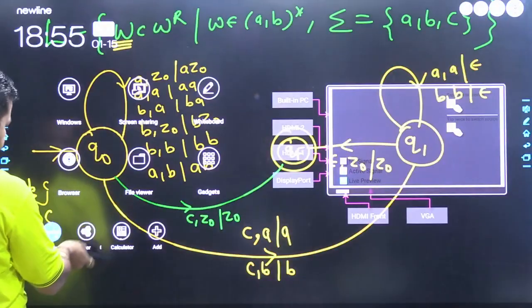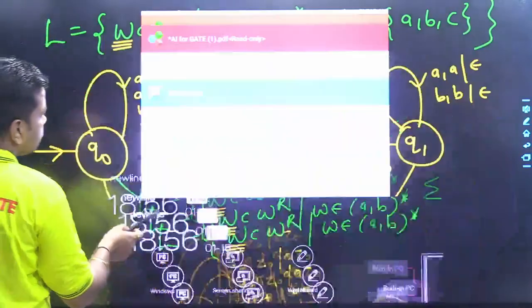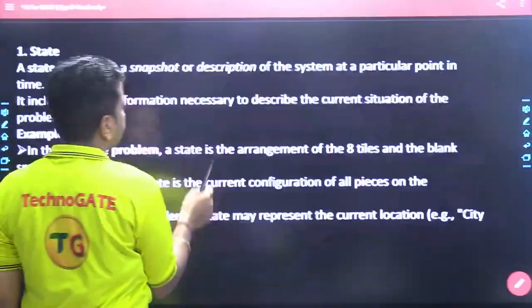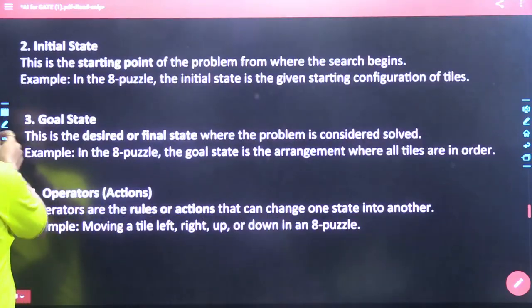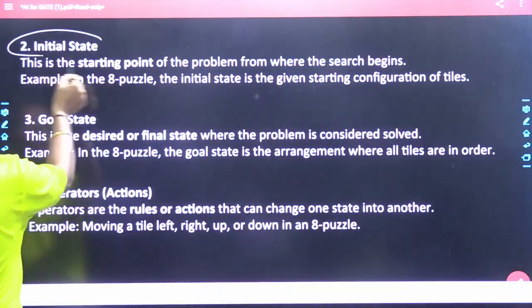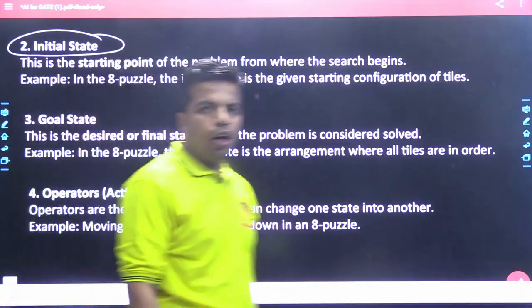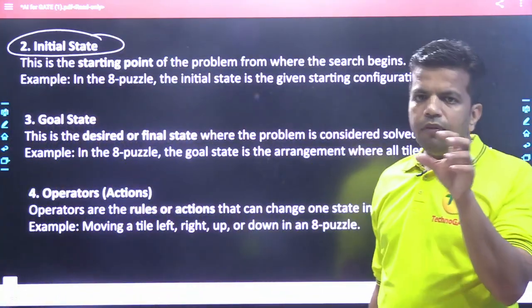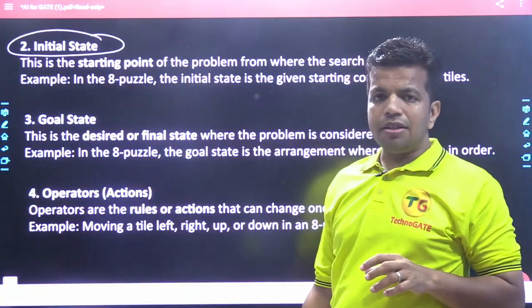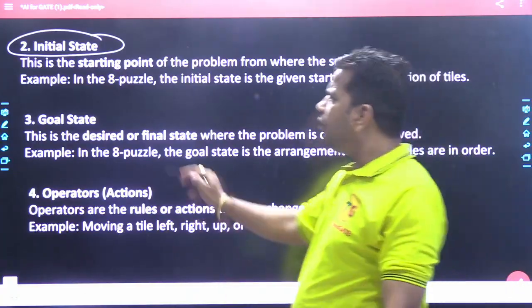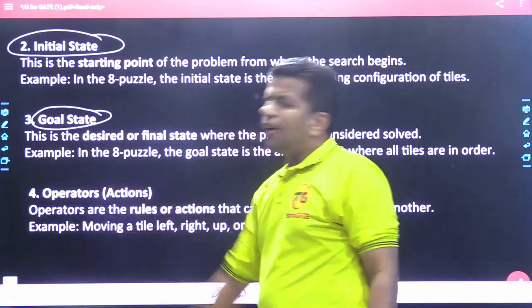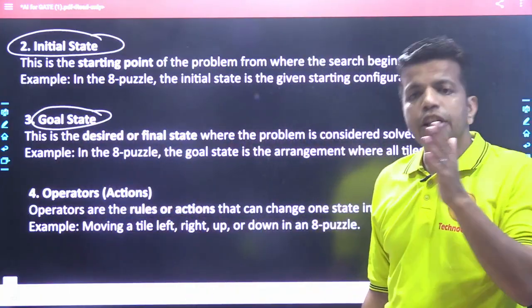Now see, the point that I told you: the initial state is the starting point of a problem, from where we need to start the searching, or start solving the problem. The goal state is the desired or final state where we need to stop.